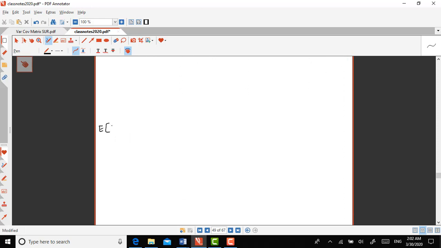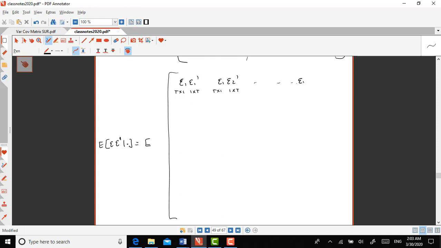The expected value of the product of these vectors is equal to the expected value of the products of each of those vectors. So it's going to be e_1 e_1 prime, e_1 e_2 prime. Remember, this is T by 1 times 1 by T, up to e_1 e_M prime, conditional on all those variables.